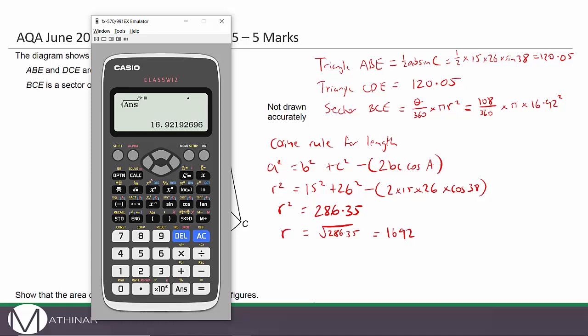So now 16.92 I already have here, so I'm going to square this, which is that, and I'm going to multiply that by pi, and then by the fraction 108 over 360, which gives me 269.88.